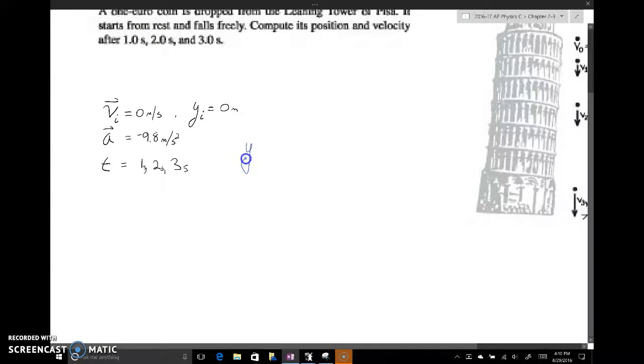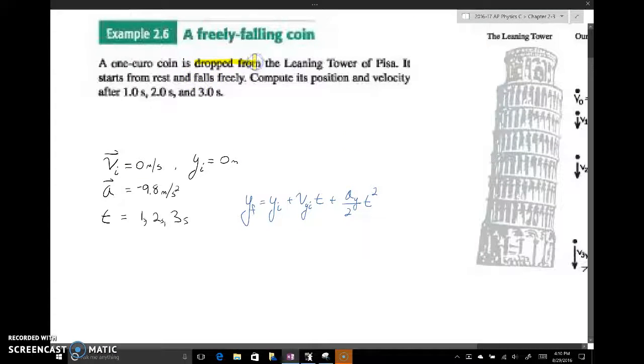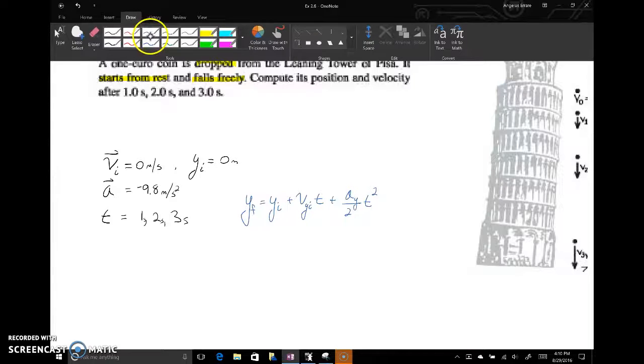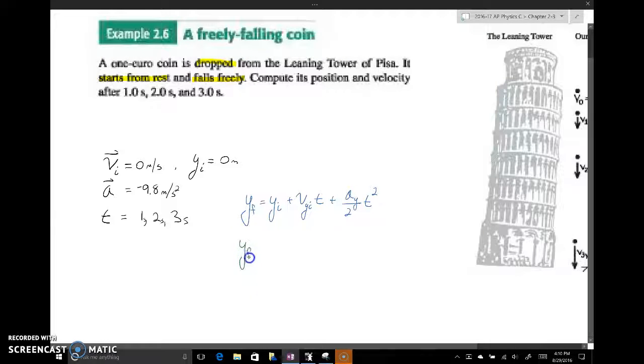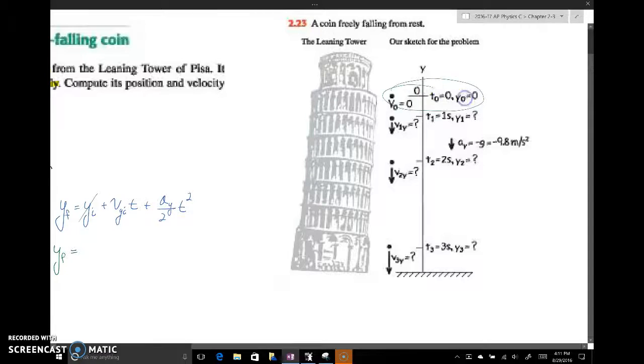Okay, so the y position, and we know that it was dropped from rest. I say just dropped means dropped from rest. Yeah, starts from rest, falls freely, meaning it's under the acceleration of gravity. So we can plug information into this and say that the position after a certain amount of time is equal to, now they want us to measure the top as 0.